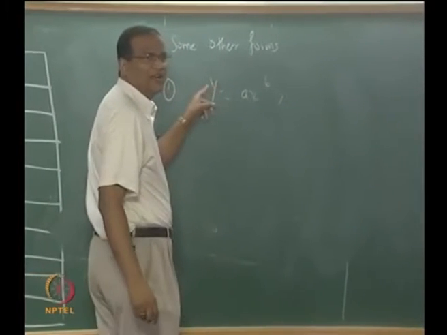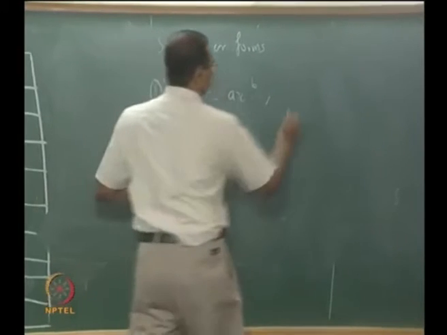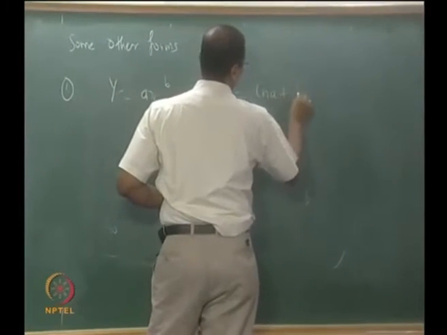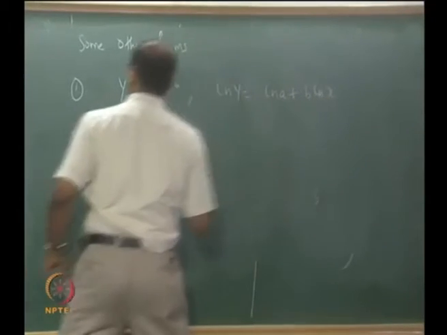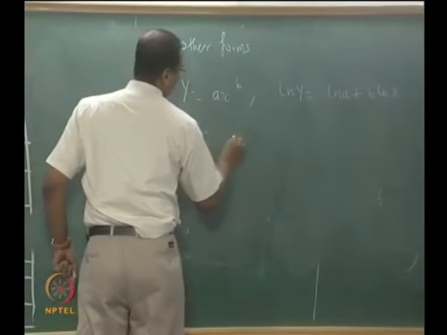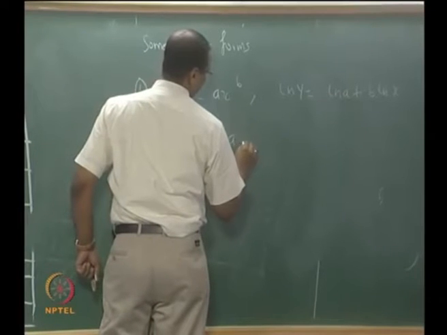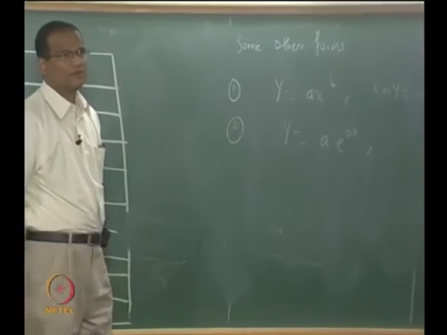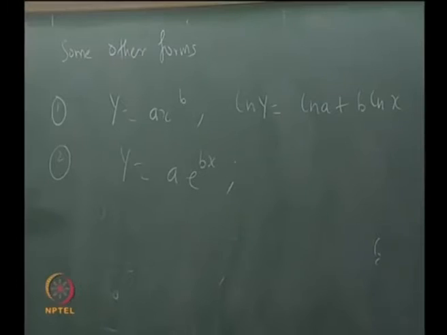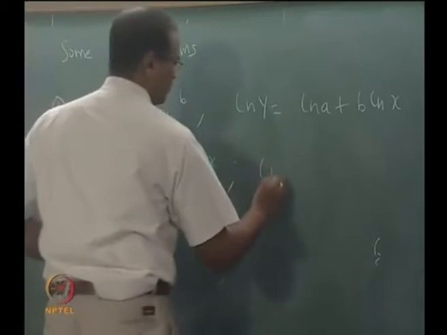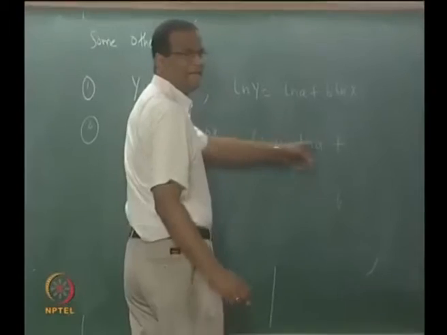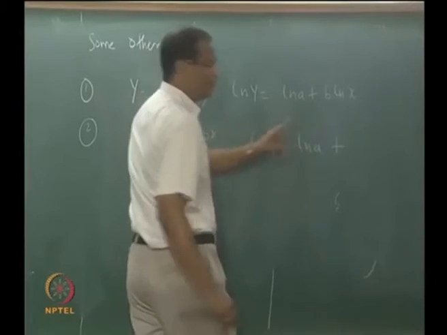How do you convert to a straight line? Ln. Y is equal to a e to the power of bx, same, ln y is ln a plus bx.